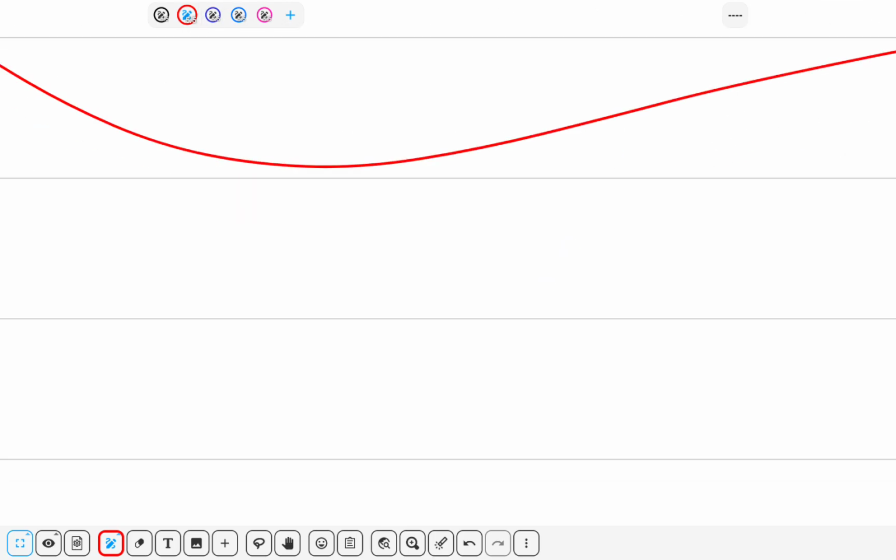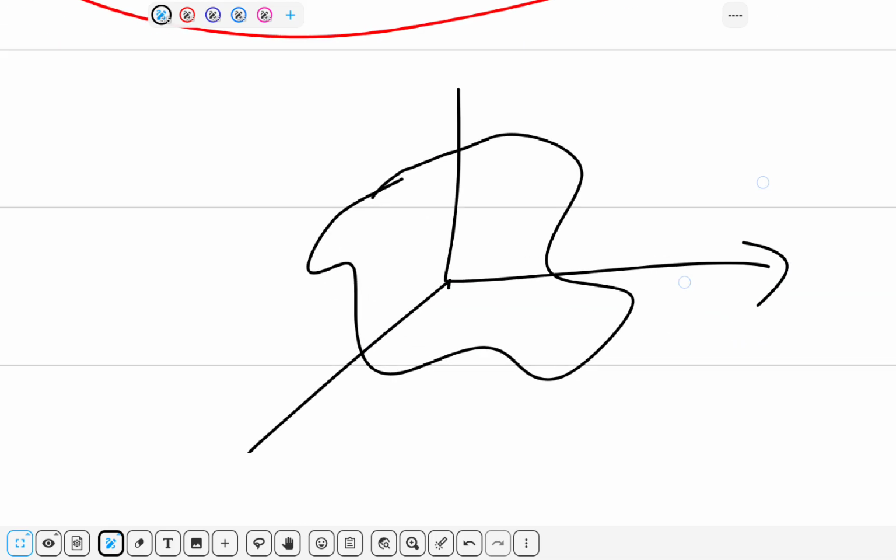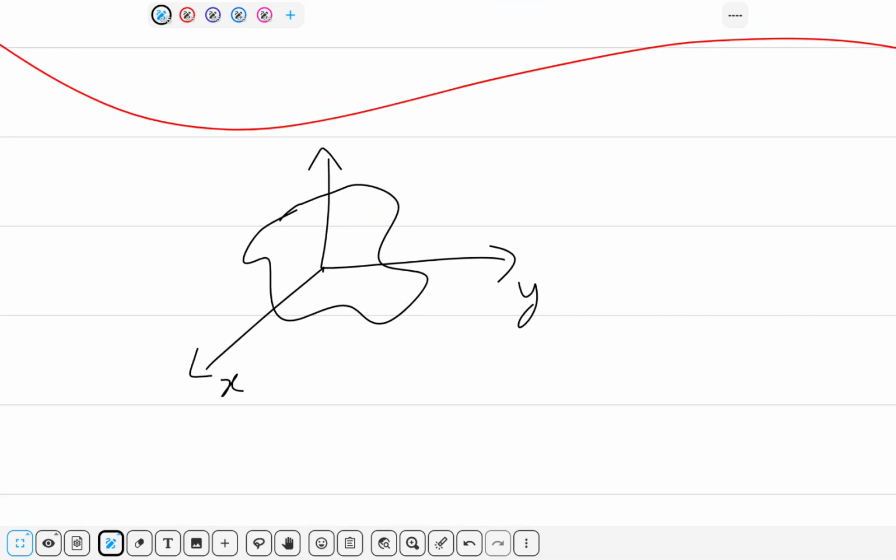So to understand rotations, suppose you have some 3D object initially, something like this, and after some time something happened to it and its orientation changed.